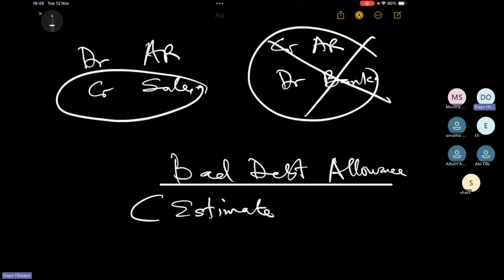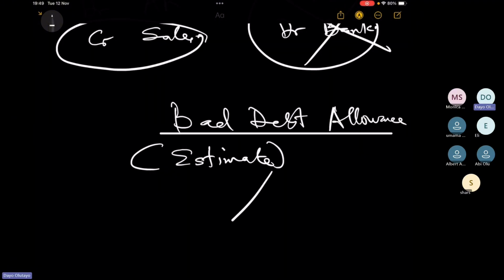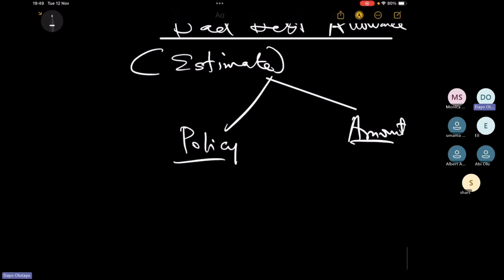And I told you, any estimate you get is similar to depreciation. Remember, depreciation is also an estimate. And in that case, what does it mean? Two things must be tested. You must test the policy and you must test the amount. Those are the two things you must focus on anytime we are talking about any estimate.